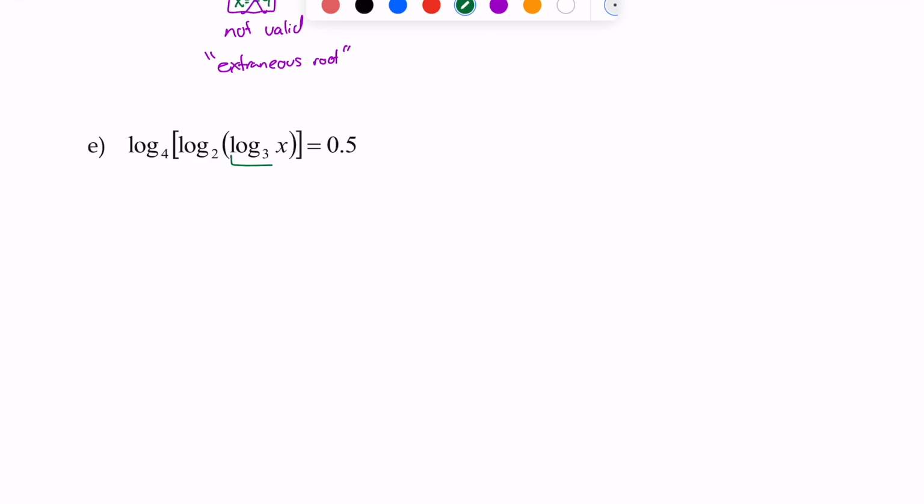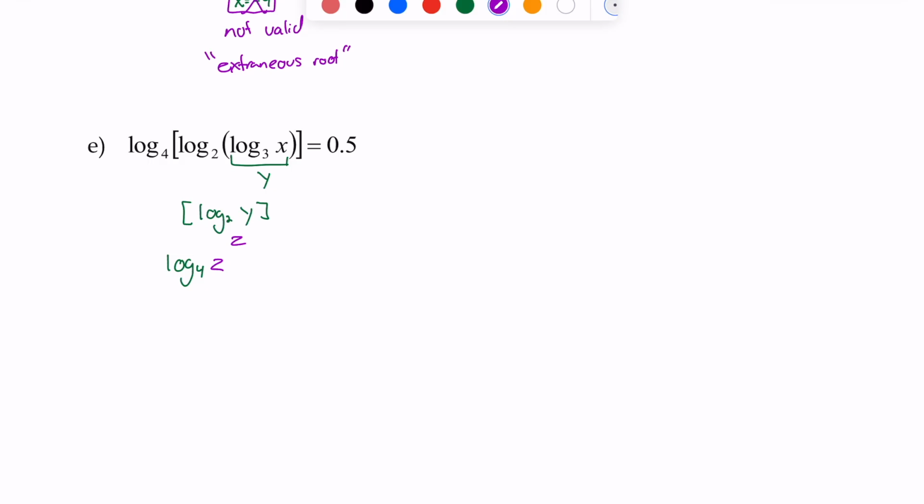So whatever value you solve for x, this is going to spit out some number y. And then the next operation would be saying, hey, take log 2 of y, whatever the output of that first one is. Okay? And then whatever this spits out, some number like z. The last thing would be saying, hey, you're going to take log 4 of z.